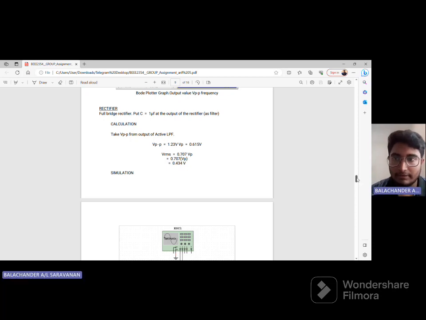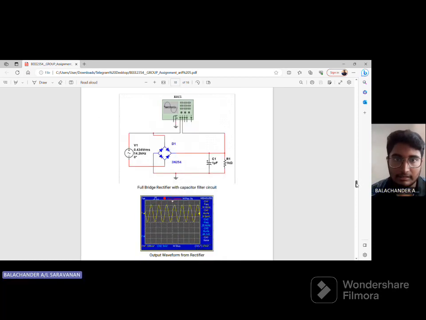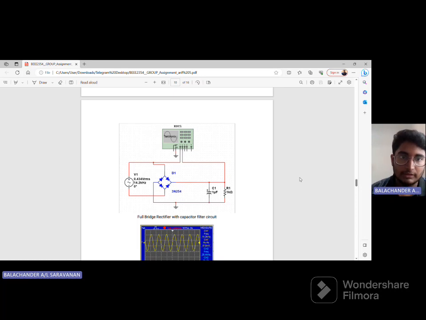After that we can see the circuit. Here we use the VRMS value 0.434 that we got from the calculation. Then we have the full bridge rectifier, and the capacitor value, as we said, is 1 microfarad.